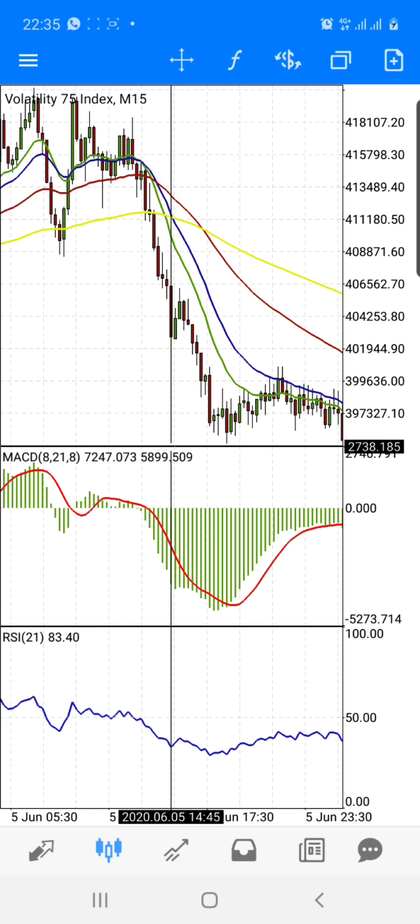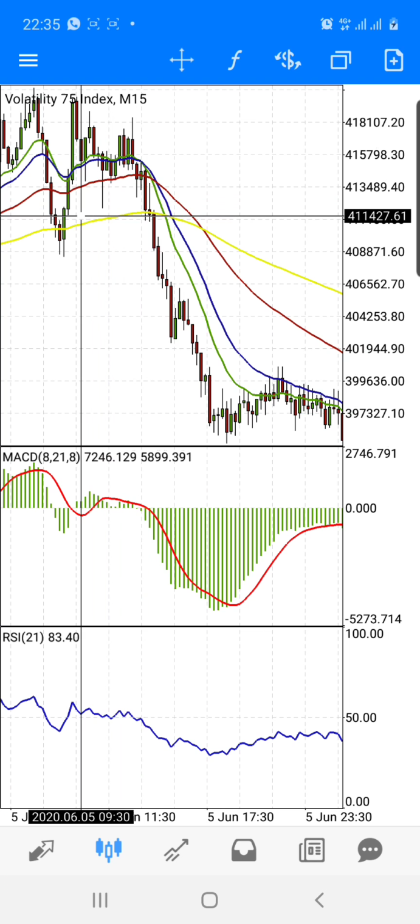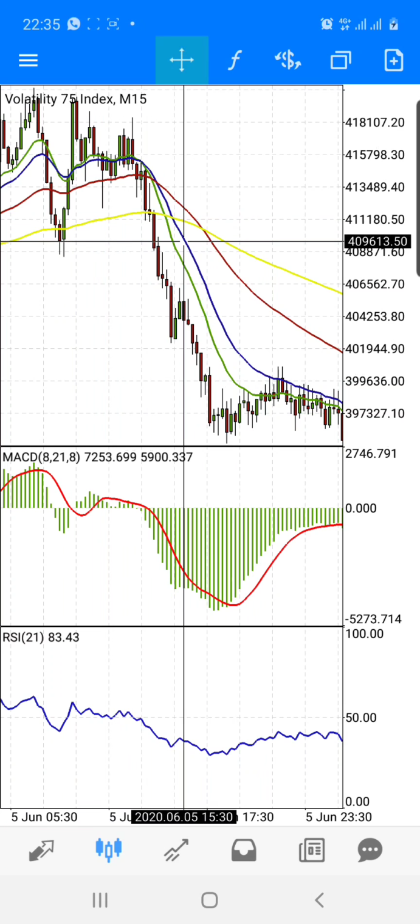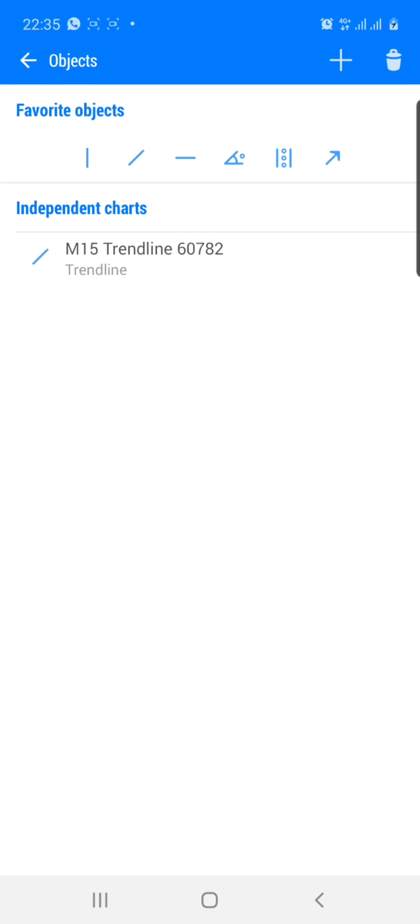This yellow moving average shows you the support and resistance level. Example, let me show you something.